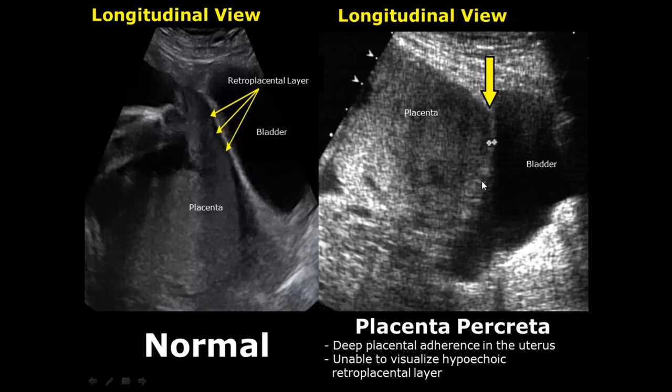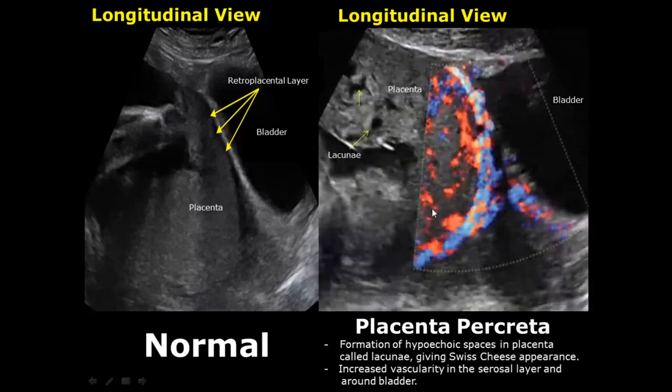The first two forms are hard to visualize on ultrasound, but the most severe form has some features such as non-visualization of the retroplacental layer, which is hypoechoic. Here we cannot visualize that layer. We can notice this feature around the bladder. Over here you can see the hypoechoic layer, but here it is absent.